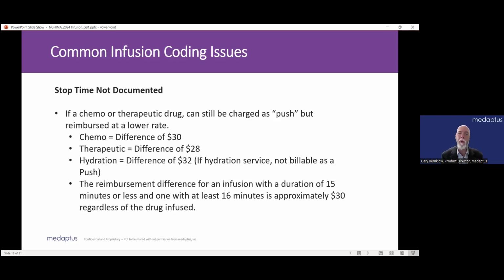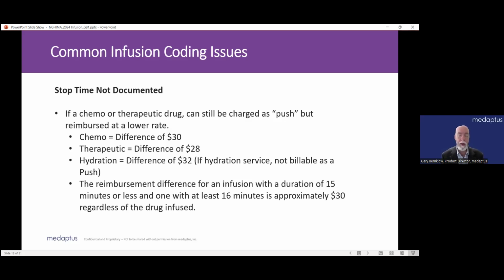So the difference is about $30, regardless of whether it's a chemo or a therapeutic drug. But if you can bill a longer infusion based on the duration of the drug administered, that's obviously going to end up giving you a little more revenue for that service, or the rightful revenue for that service, I should say. Hydration can't be billed as a push.